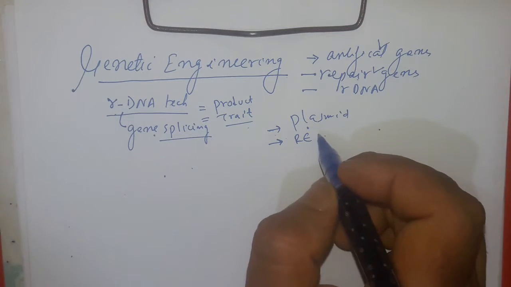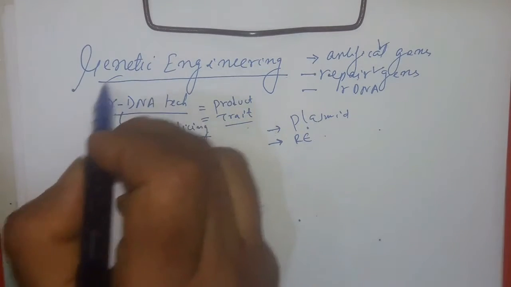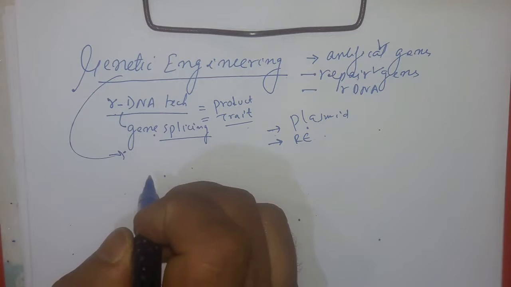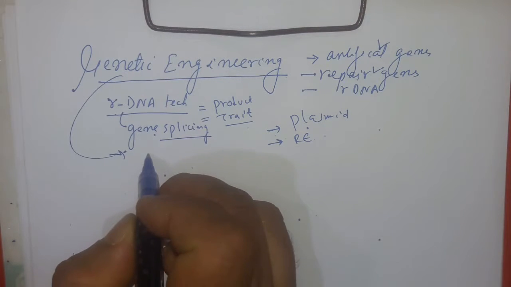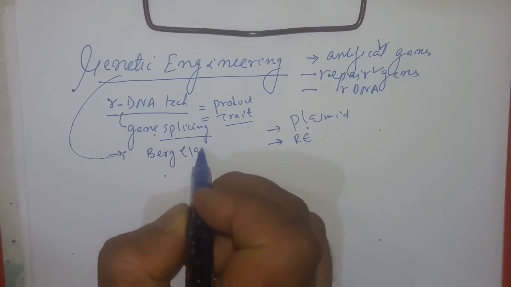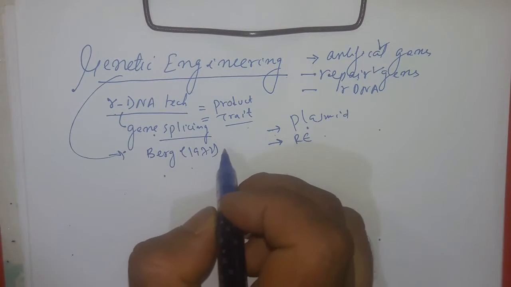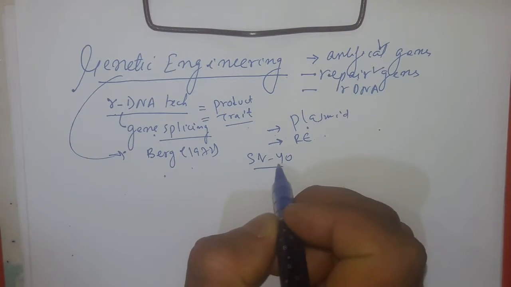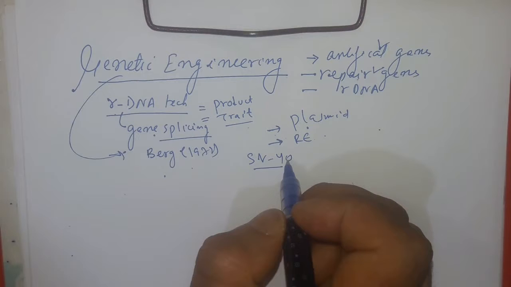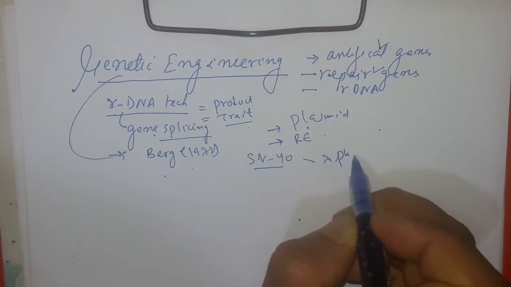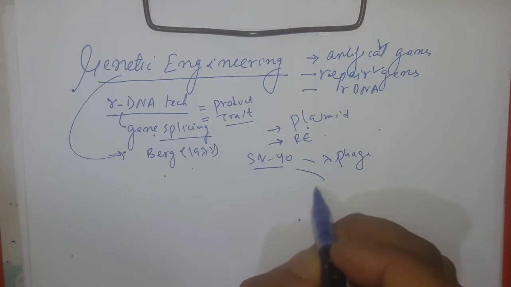So the science of recombinant DNA technology took birth very much before, when there was a scientist actually, Berg, in 1972, who was able to introduce a gene of SV40 into a bacterium with the help of lambda phage. So Berg is often considered, that's why he's considered as, father of genetic engineering.